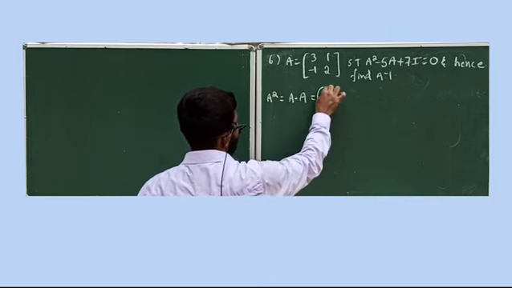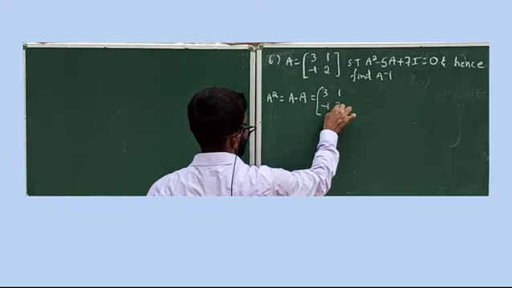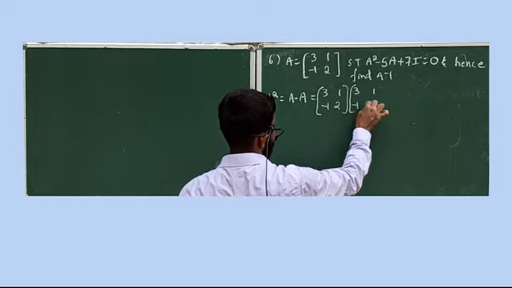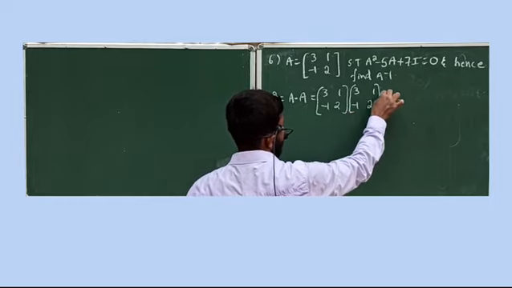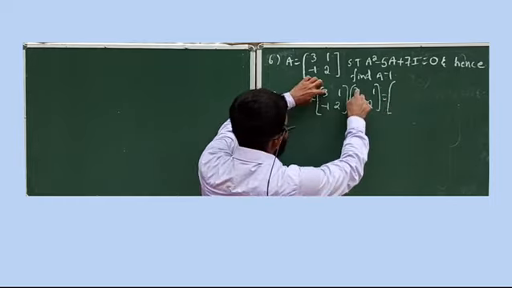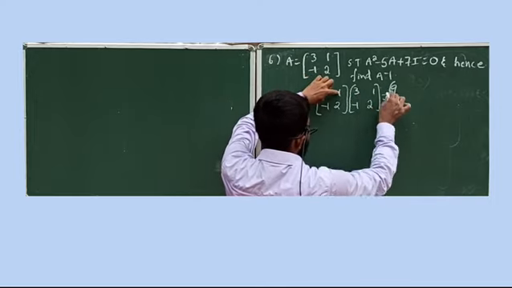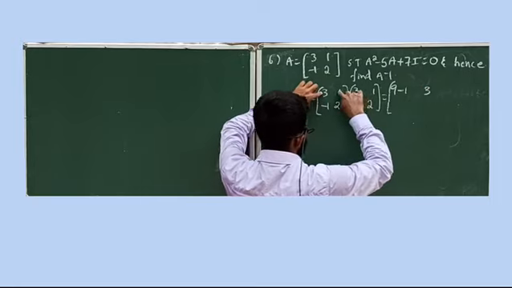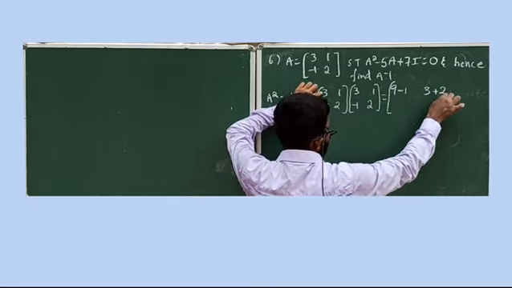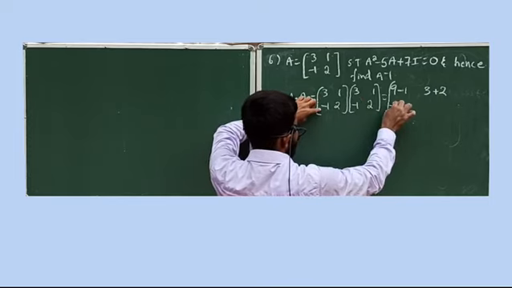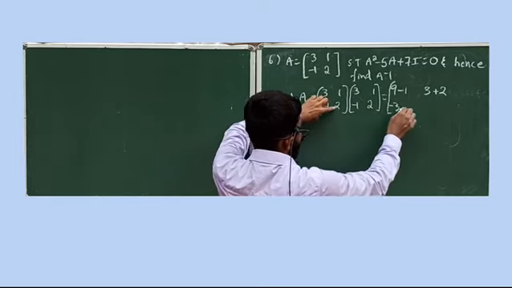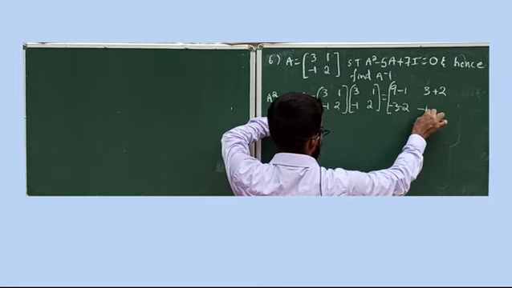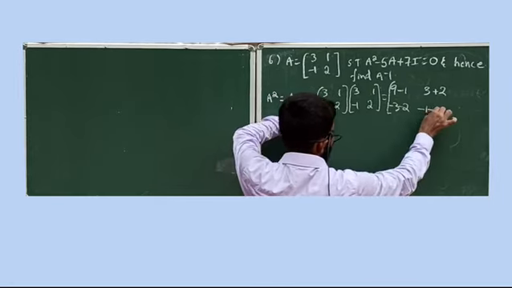It's equal to [3 1; -1 2] into [3 1; -1 2]. Multiply: 3 into 3 is 9, 1 into minus 1 is minus 1, 3 into 1 is 3, 1 into 2 is 2, then minus 1 into 3 is minus 3, 2 into minus 1 is minus 2, then minus 1 into 1 is minus 1, 2 into 2 is plus 4.